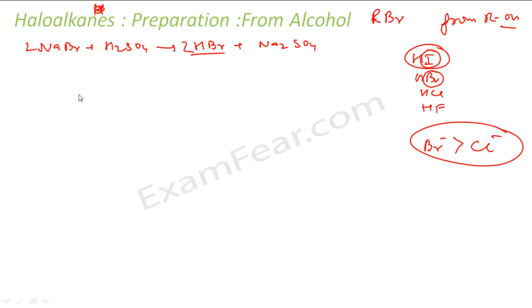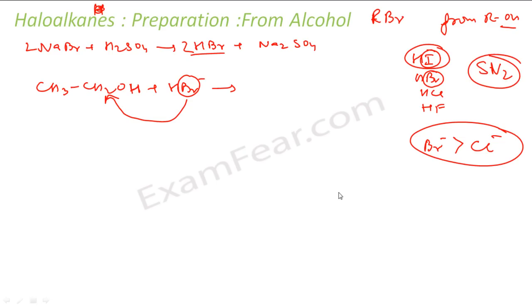Also, let's take an example of CH3CH2OH. Here we'll react with HBr. I'll write HBr, but instead of HBr you'll use this solution. In this case Br minus is a stronger nucleophile. It will attack this carbon. Also it is a primary carbon, 1 degree, so it has space to attack. So it will follow the SN2 mechanism. Br minus will attack and kick the HOH out, as OH adds with H plus and forms water.